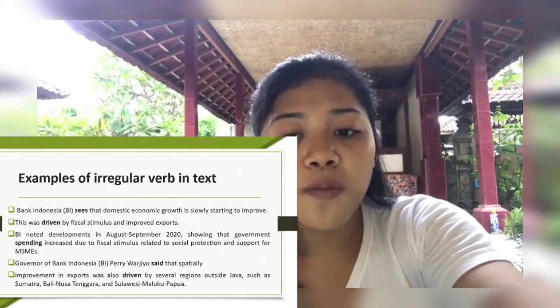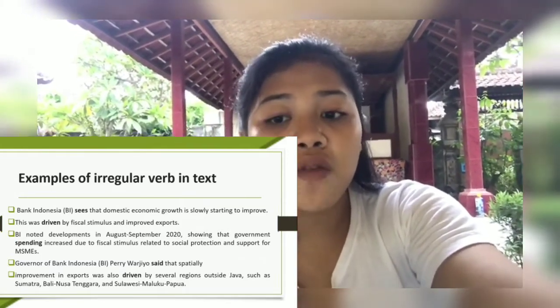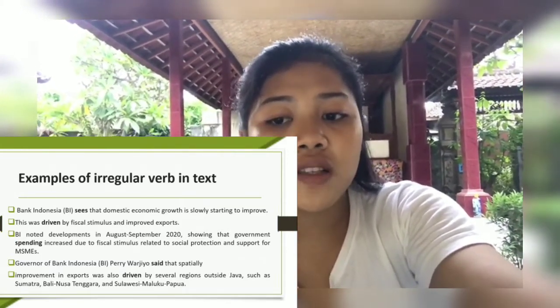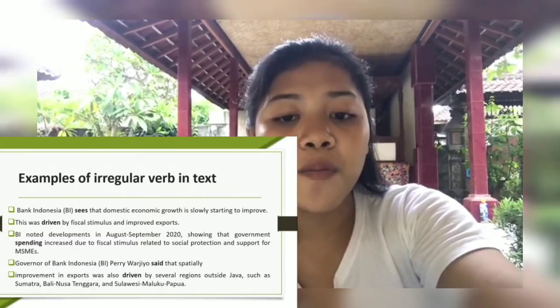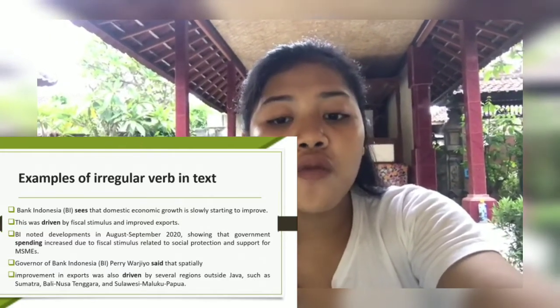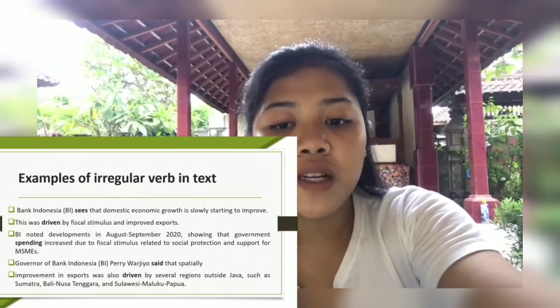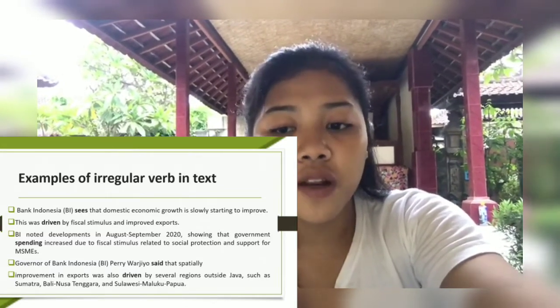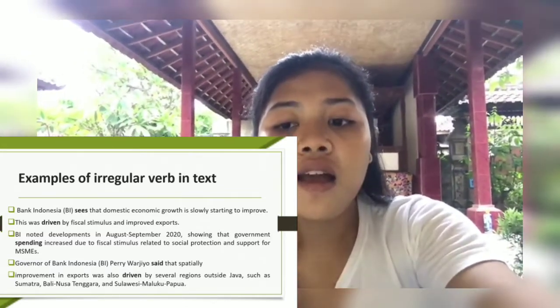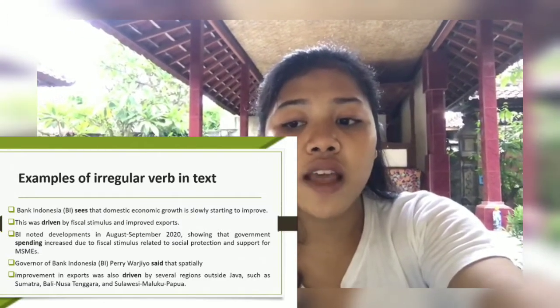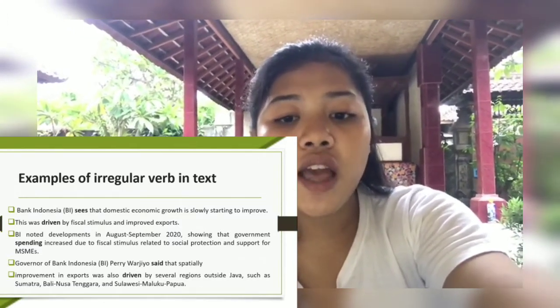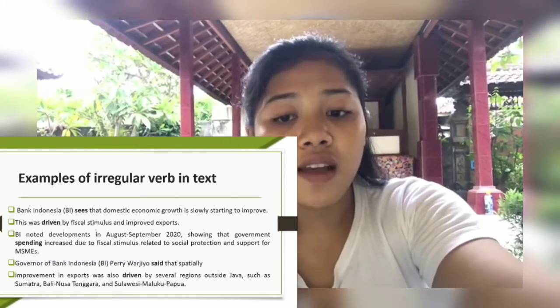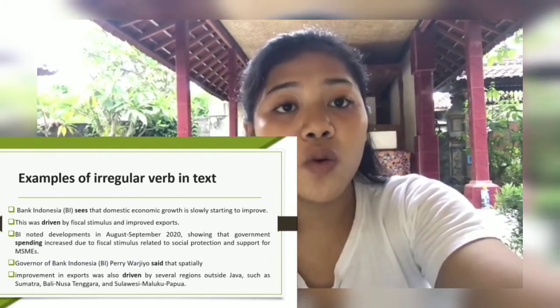Governor of Bank Indonesia, Perry Warjiyo, said that spatially, 5. improvement in export was also driven by several regions outside Java, such as Sumatera, Bali, Nusa Tenggara, and Sulawesi, Maluku, Papua.